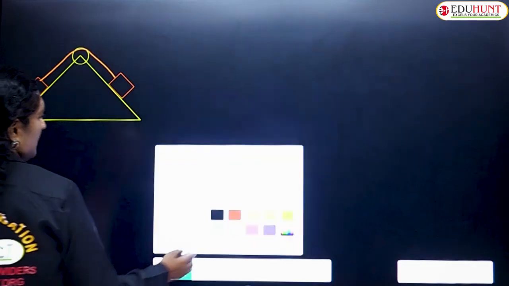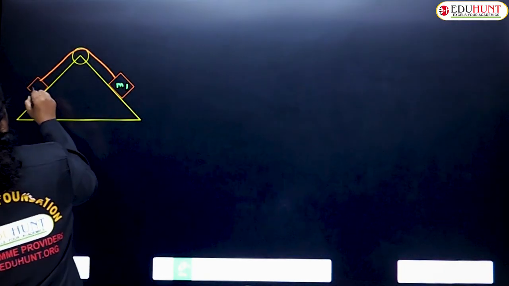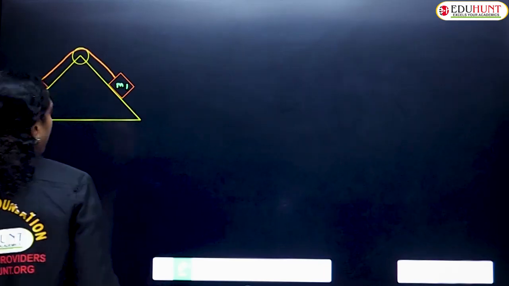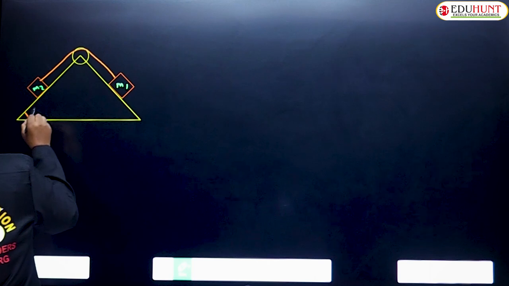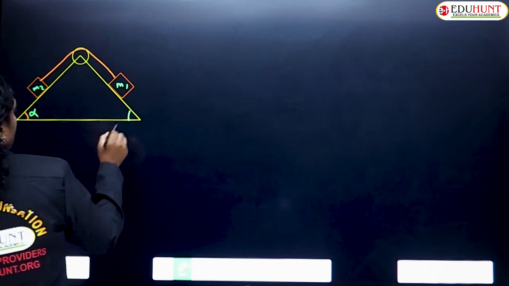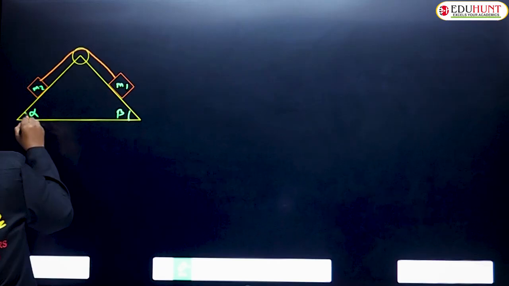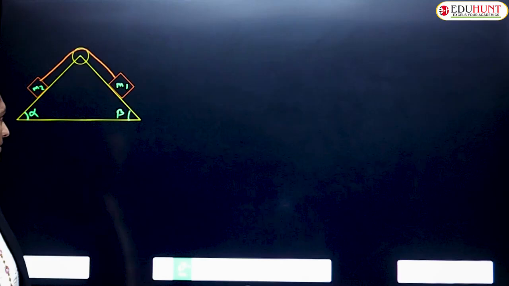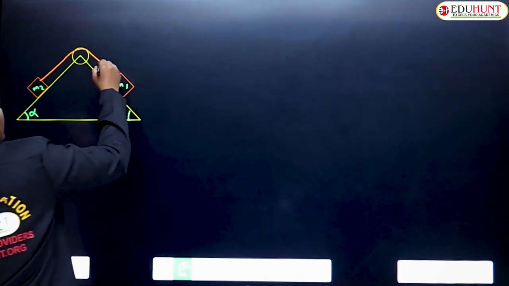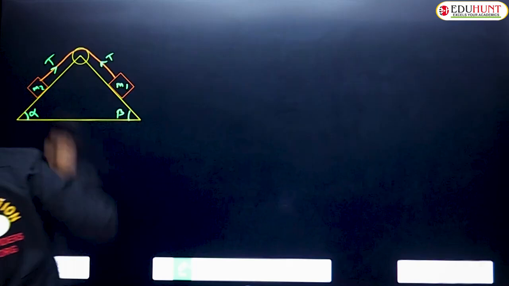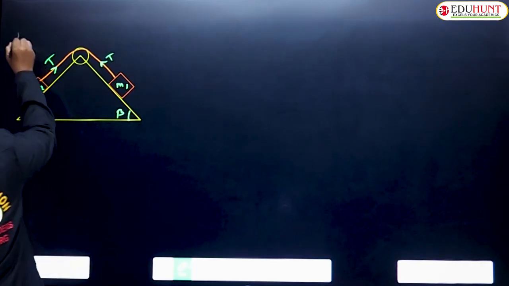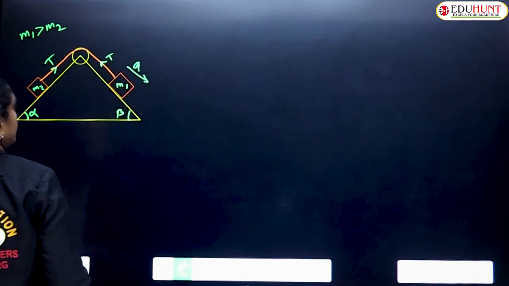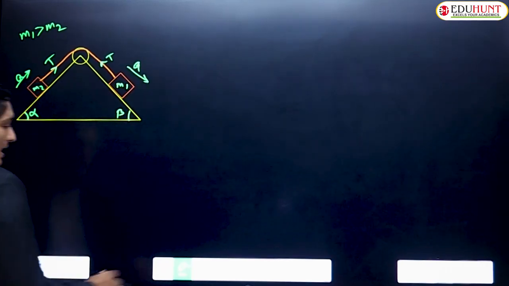Let us consider two masses, say M1 and M2, connected by a smooth frictionless pulley with the help of a string, and the angle of inclination for the first one be alpha and the angle of inclination of the second be beta. Again, as it is a smooth frictionless pulley and a massless string, the tension acting throughout the string must be the same, let it be T. Clearly, let us suppose that the mass M1 is greater than M2. In that case, the body M1 is accelerating downwards and M2 must be accelerating upwards.